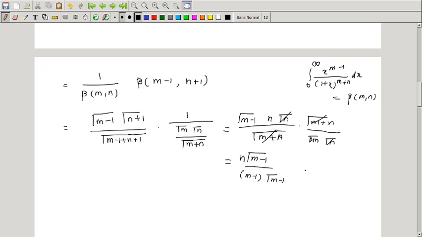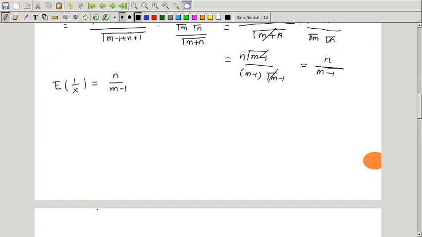Here n is there, so this gets cancelled, and your final answer is n upon m minus 1. This exists only if m is greater than 1. So your expected value of 1/X is n/(m-1).